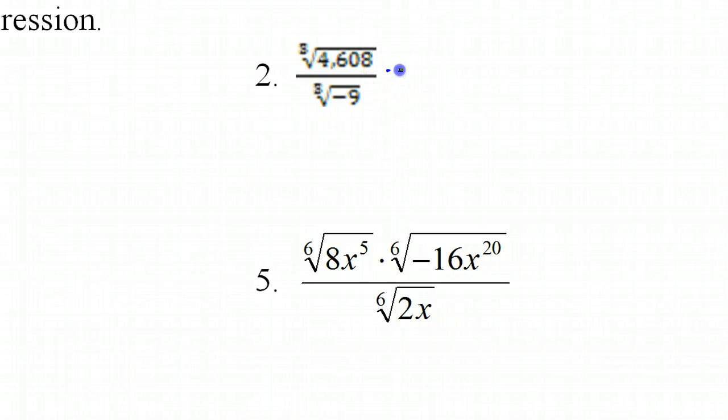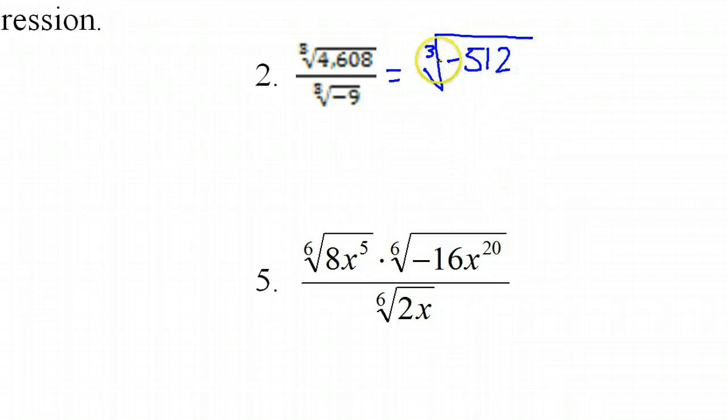So that means this is going to equal the cube root of negative 512. Now, if this were an even root, I would just put not possible. But with an odd root, the fact that it's negative just means that the answer is going to be negative. So that negative is going to stick around.